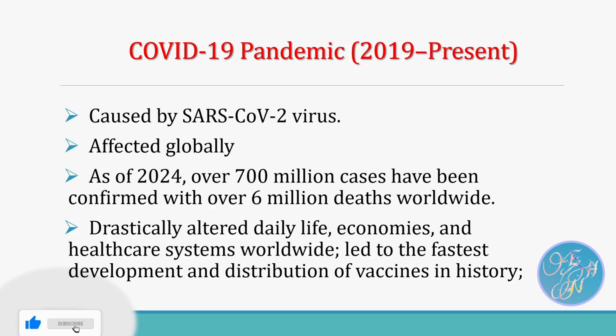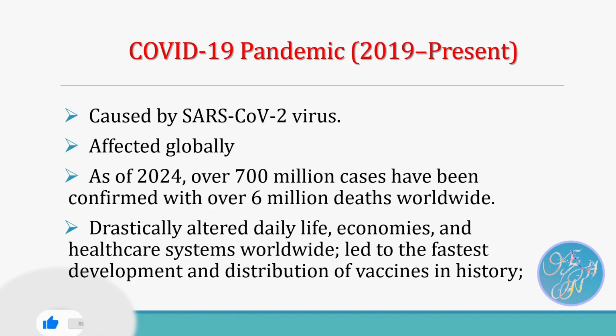The first cases were reported in December 2019 in Wuhan, Hubei province, China. The virus is believed to have originated in a seafood market, possibly through zoonotic transmission, though the exact source remains uncertain.